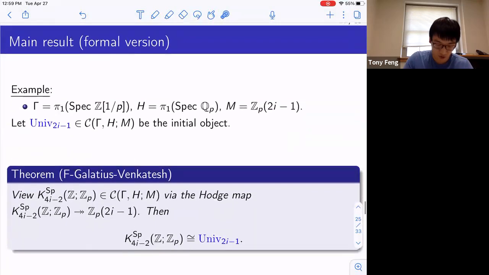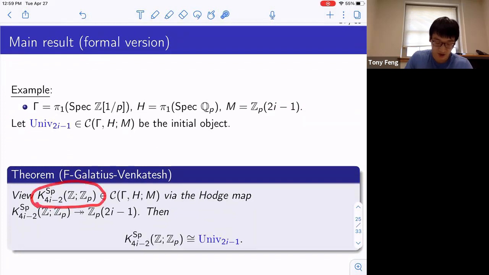And the more formal version, or the precise statement of the theorem, is that we can make sense of the symplectic K-theory in this category. In particular, the map from the symplectic K-theory to this M is going to be taken to be the Hodge map. And then as an object of this category, it is the universal object, the initial object.